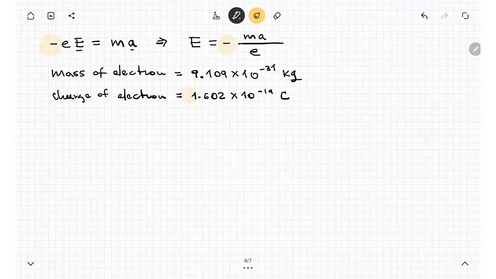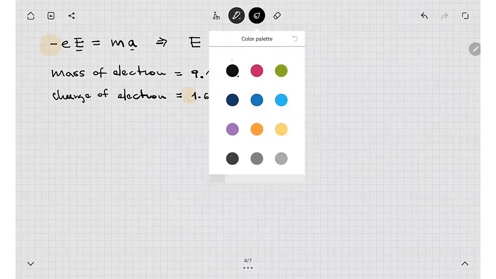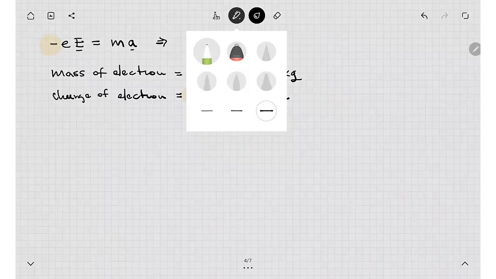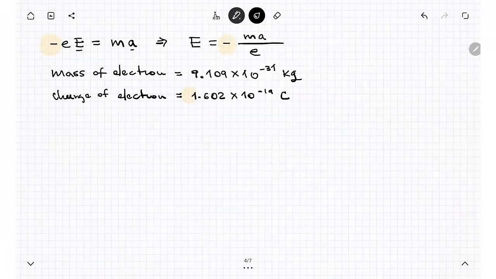I already wrote the sign on the equation, but that's fine. It's just convention and the way you want to do it, so we don't have to make a big deal with this, but just to take into consideration.